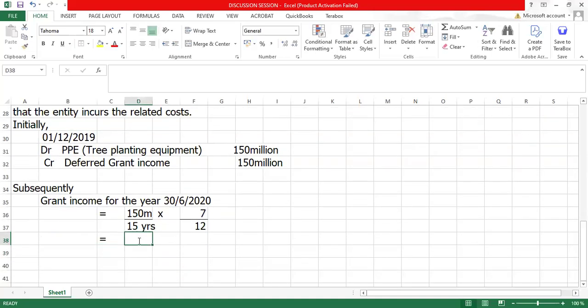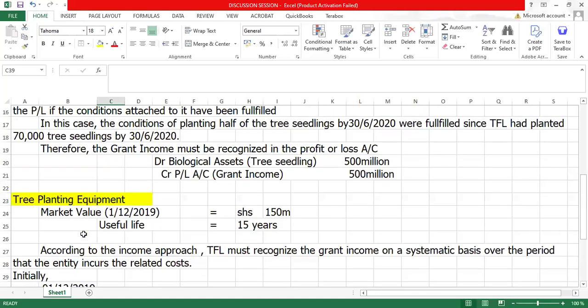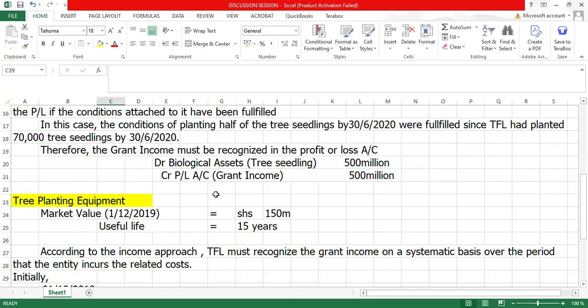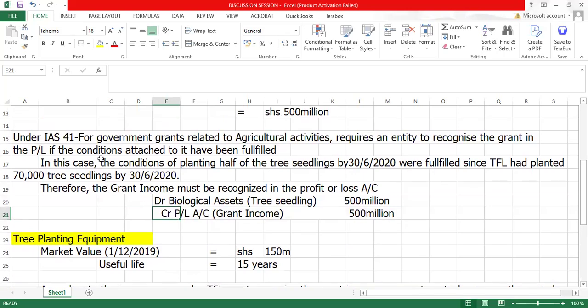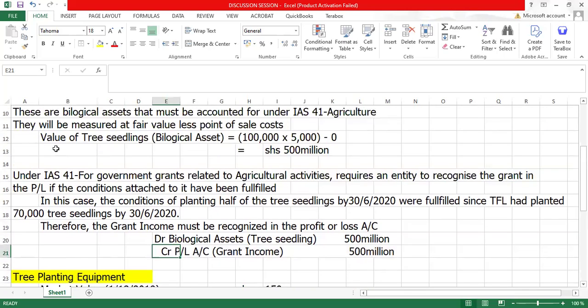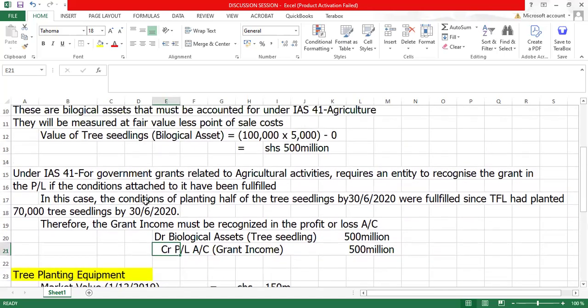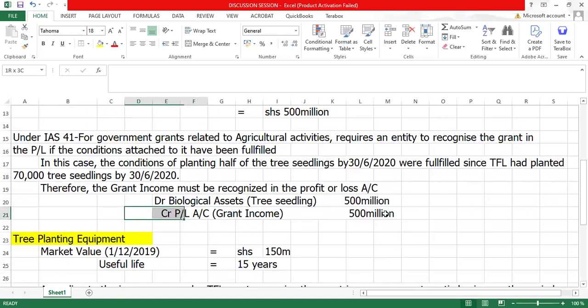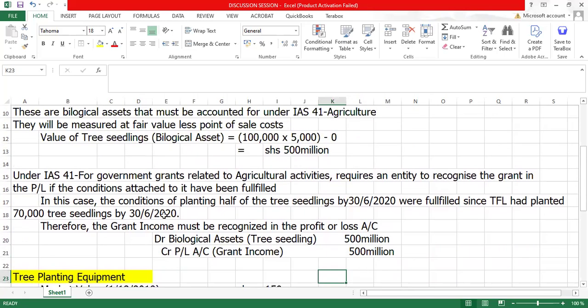Then what do you get here? This will be shillings 5.38 million. You may be asking yourself, why didn't we apportion this? Here it is just conditional with biological asset. As long as you meet the condition, you recognize.